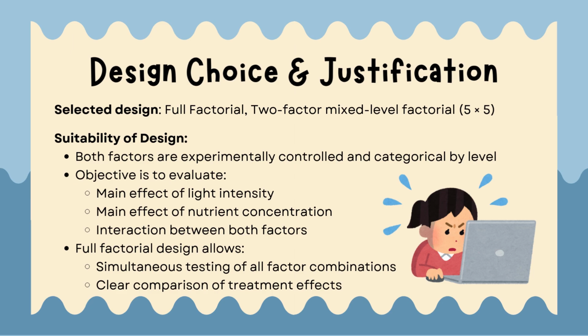The reason we chose this design is because both factors are experimentally controlled and categorical by level. The objective of this design is to evaluate the main effect of light intensity, the main effect of nutrient concentration, and the interaction between both factors. The full factorial design allows simultaneous testing of all factor combinations, enabling clear comparison of treatment effects.